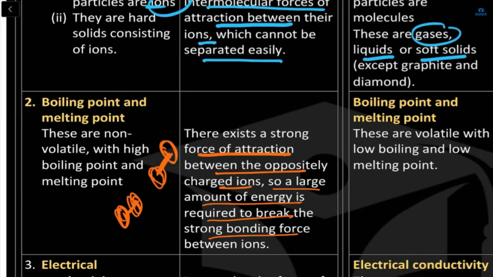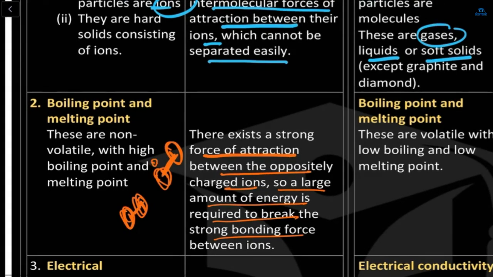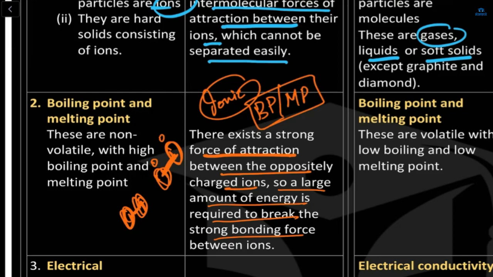What will be required to separate object A from object B? A higher amount of energy. That's why ionic compounds have a high boiling point as well as melting point, because to melt or to boil we need more and more energy.